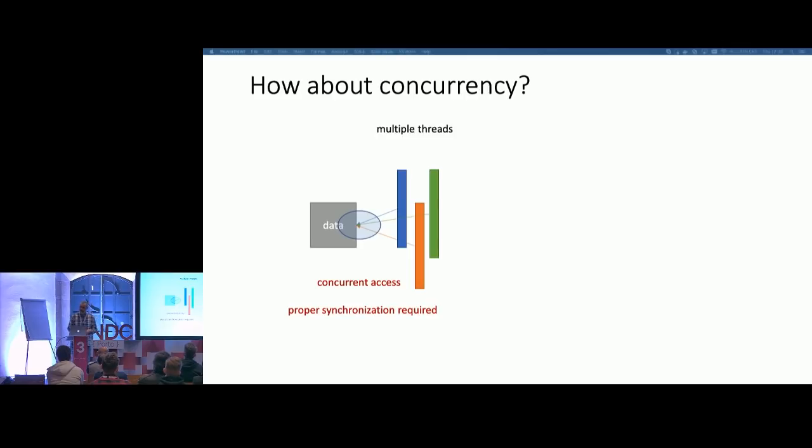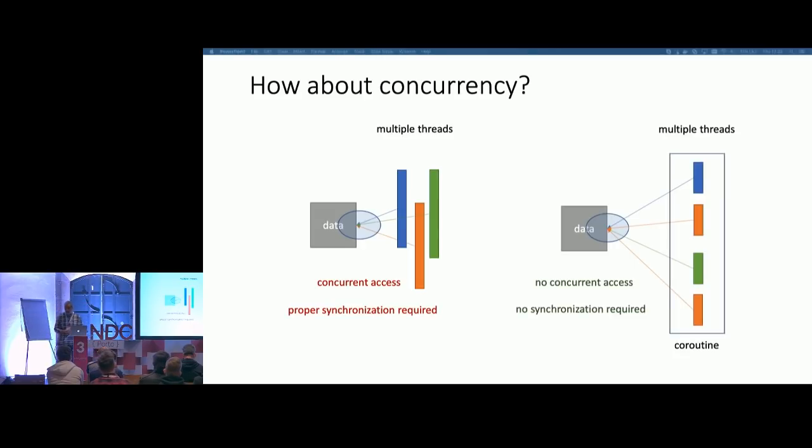And how about with coroutines? Because coroutines execute in different threads, do I have a concurrency issue when using coroutines? Do I have to explicitly add proper synchronization? No. Because a coroutine runs in multiple threads, but runs sequentially on the multiple threads.